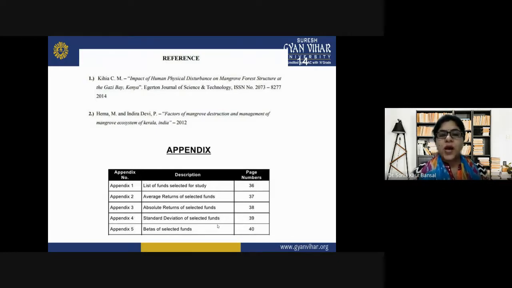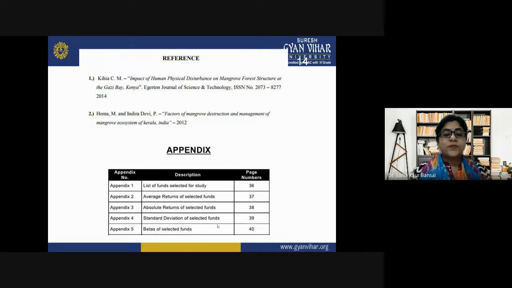Appendix 1, 2, 3, 4, 5, five appendices here for example, and the page numbers are also given, along with the descriptions. For example, in appendix 1, the list of funds selected for study is given. Then in appendix 2, average returns of selected funds is given.